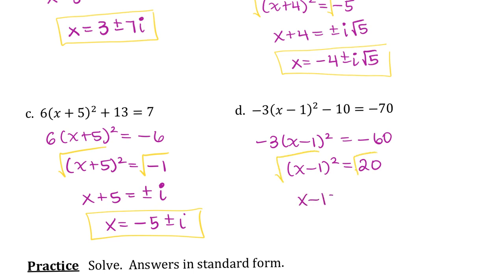X minus 1 equals plus or minus. The square root of 20 is not imaginary, so no i in my answer. Can I simplify that? Sure, I can do 4 and 5. So plus or minus 2 square root 5, and then I'm going to add the 1 to the other side. So 1 plus or minus 2 root 5. So this one did not have an imaginary solution. It was a purely real solution, and that's okay.